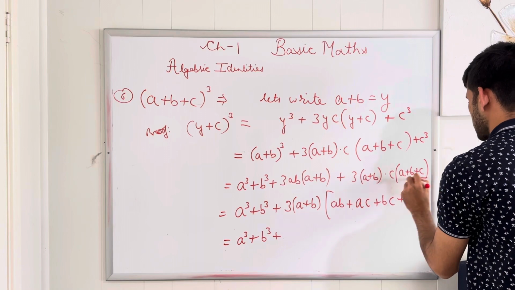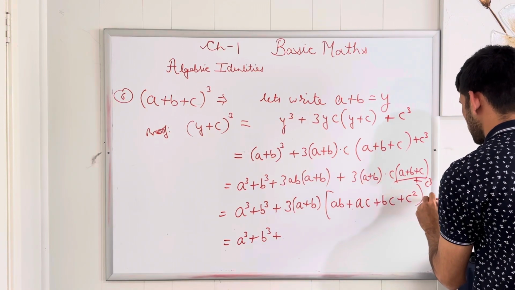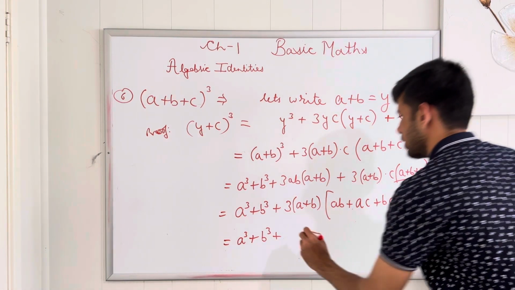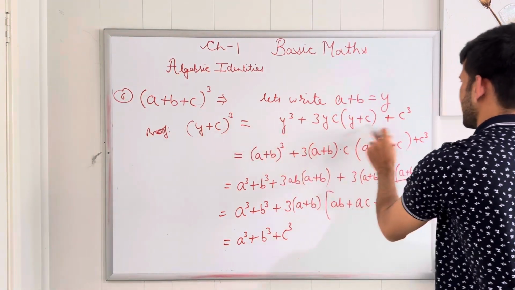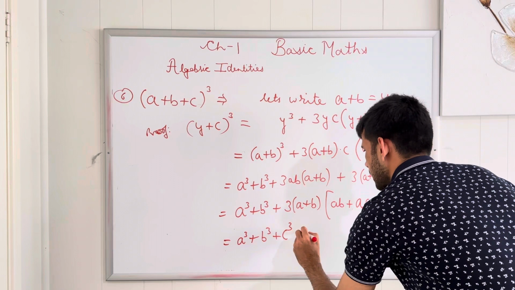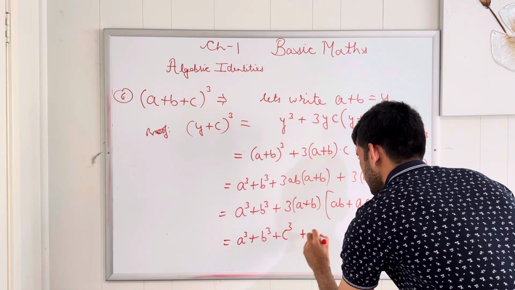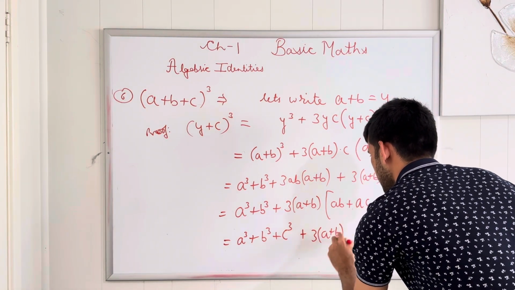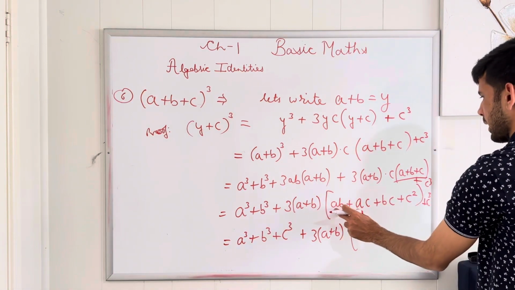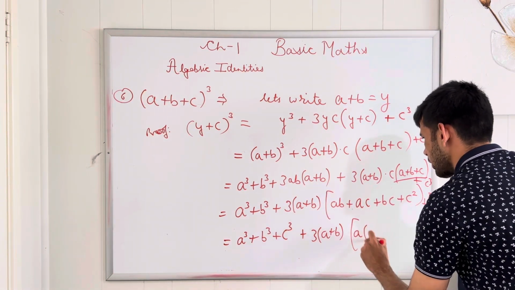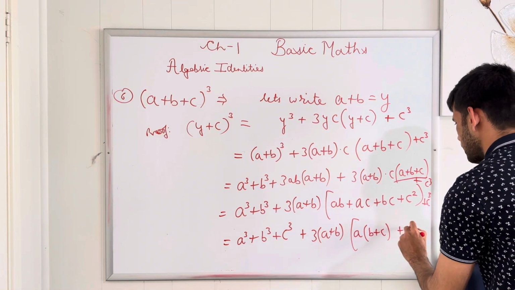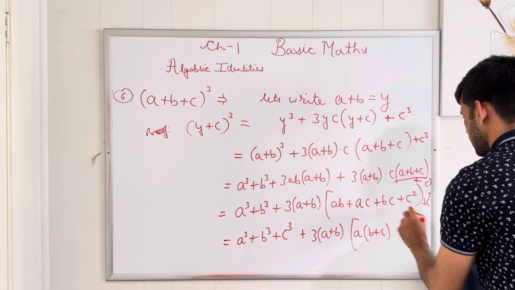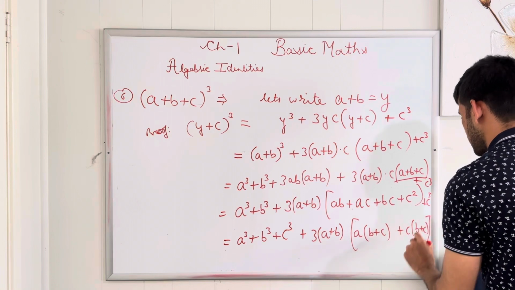I'm just writing plus c cube here because I forgot it from here, right? And then this will be plus 3 times (a + b), and if I take a common here, I will get (b + c). Similarly, if I take c common, I'll be getting (b + c) again, and I'm closing the bracket.